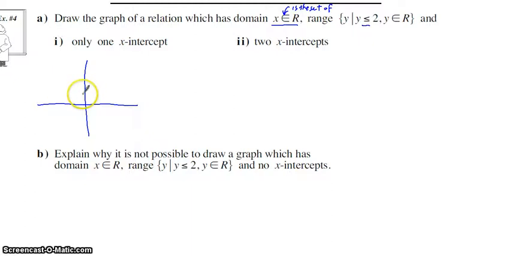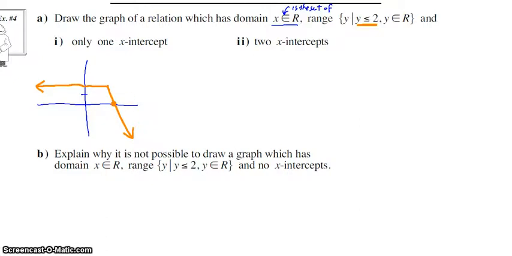You have a function that always stays at 2, because that's the largest value, all the way to the right. It's a straight line that covers everything to the left at 2, and then you go down, a straight line going down like this. So left and right is all covered, so it's all real numbers, and it only has one x-intercept, and it meets the range.